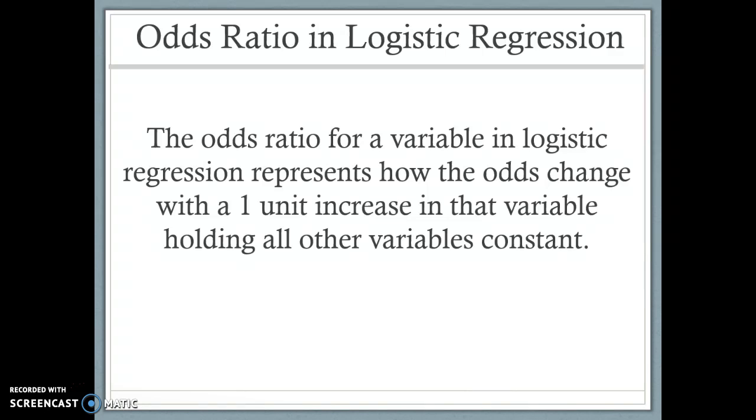So it's the same interpretation that we made before: as the independent variable increases by 1 unit, the outcome variable will change by the value of the coefficient. In this case, the outcome variable is always those odds. So your odds are changing in relation to the increase in the variable.